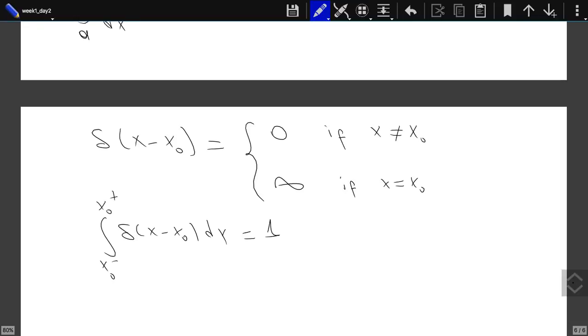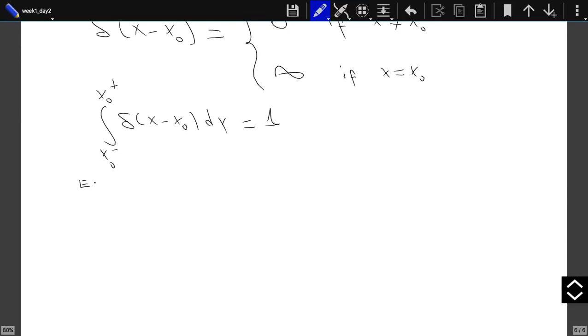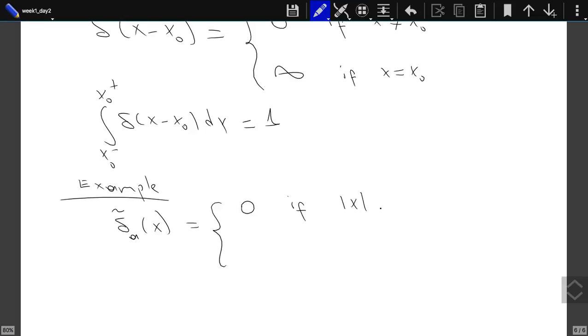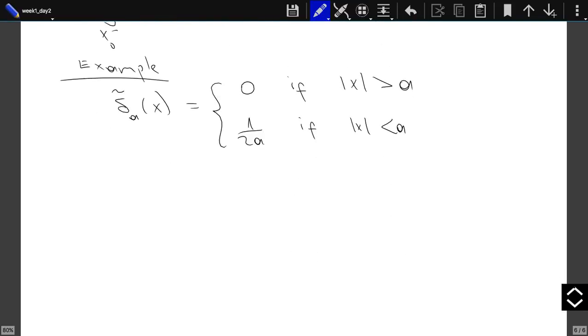Now, one example of this: for example, let us define this function to be 0 if x is larger than a, and 1 over 2a if x is smaller than a.